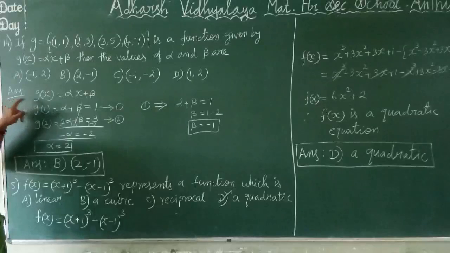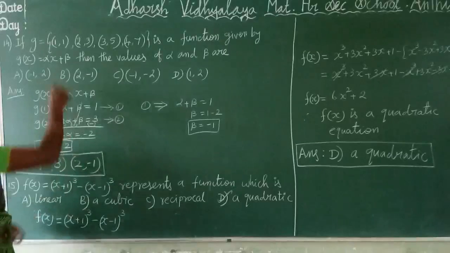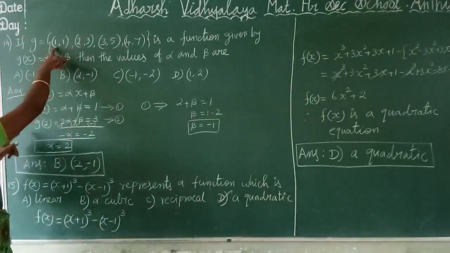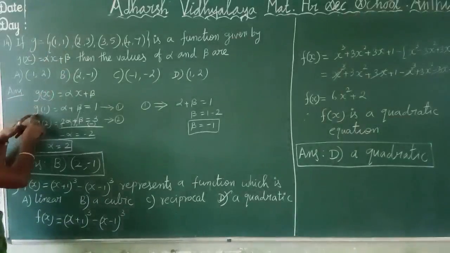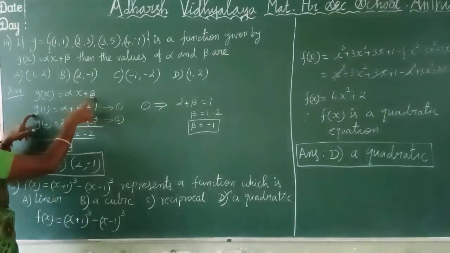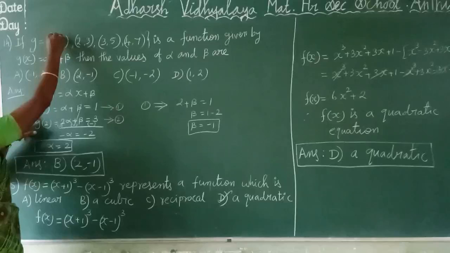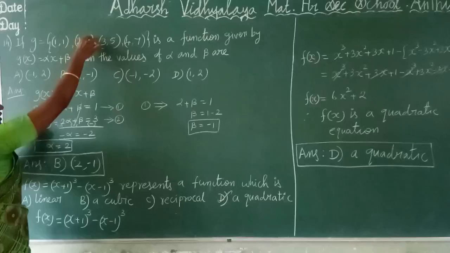So g of x is equal to alpha x plus beta, and here it is given (1, 1). So when x value is 1, the answer is 1. Apply x value 1: 1 is equal to alpha into 1 plus beta. Next we take 2, and the answer is 3.